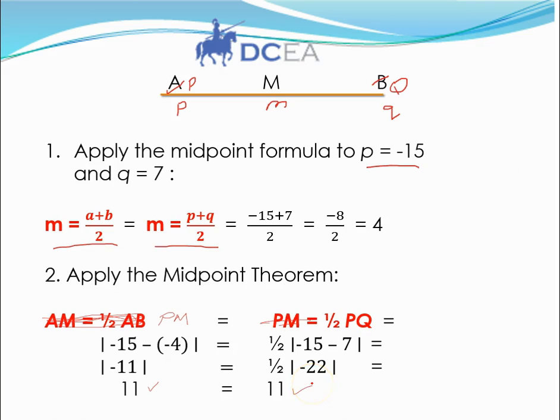So that's how we just proved that this is correct. If the coordinate we found here, which was negative 4, was not correct, then this would not be the correct notation. You would not have 11 equals 11.